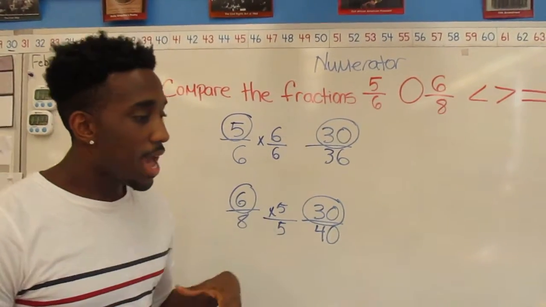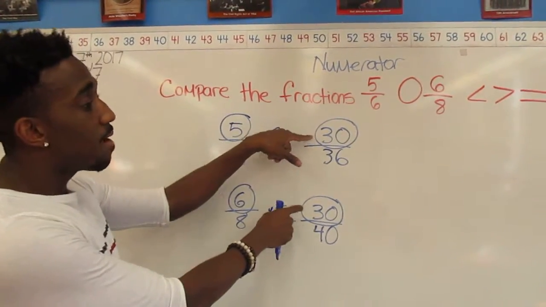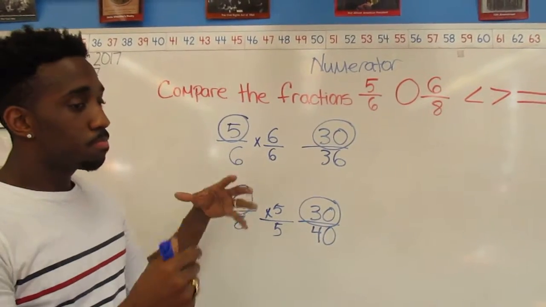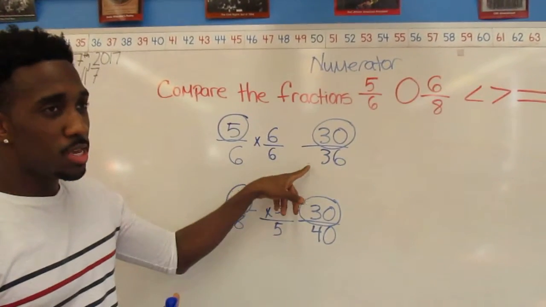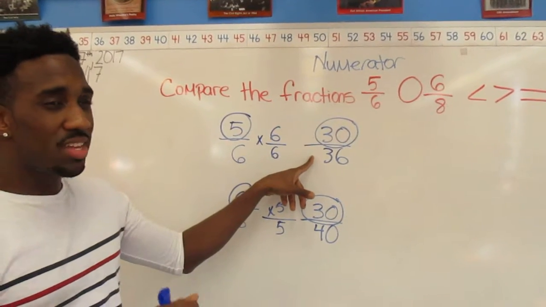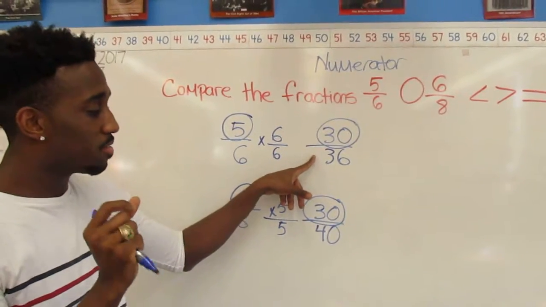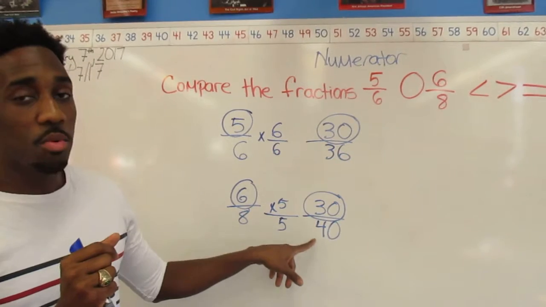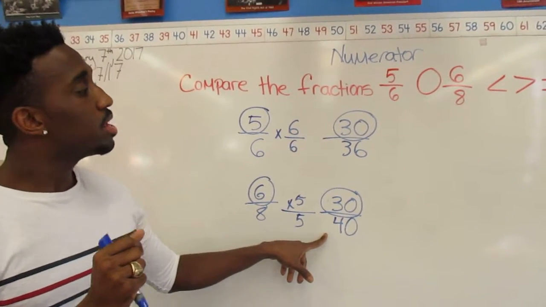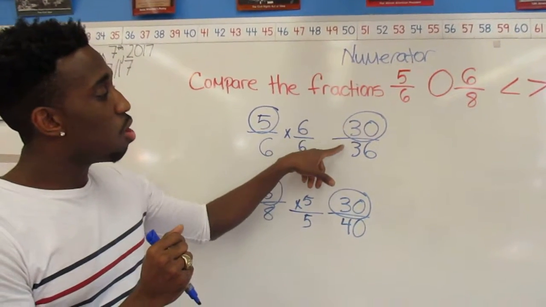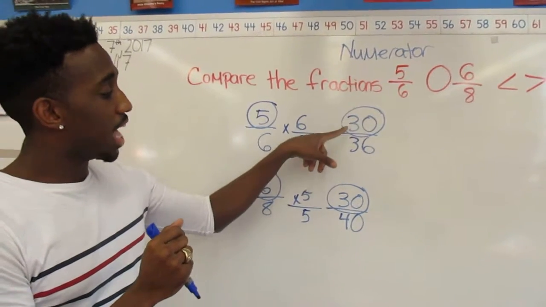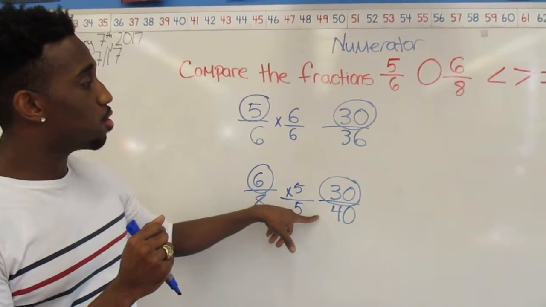If we had, let's say, 30 pieces within that cake, if I were to split that piece of cake among 36 people, each person will have a little bigger piece of cake than if I were to split that cake with 40 people. So therefore, I know that 30 over 36 is actually greater than 30 over 40.